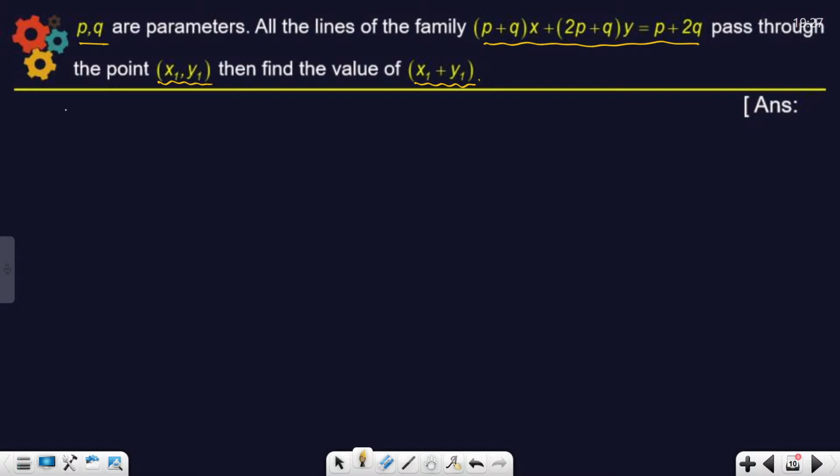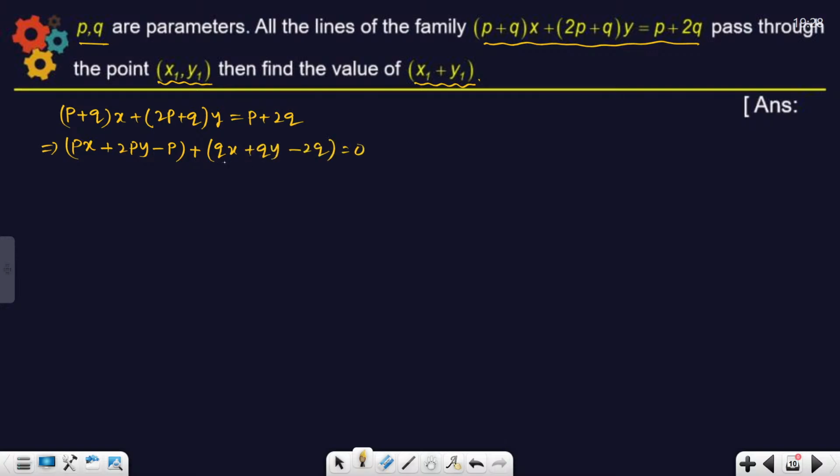Now see how I'm writing this equation in this parametric way. This is the question given to us. So let me write it in this way. px plus 2py minus p plus qx plus qy minus 2q equals 0.